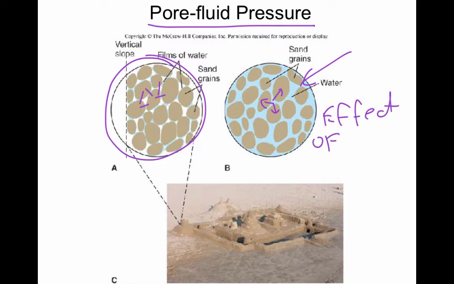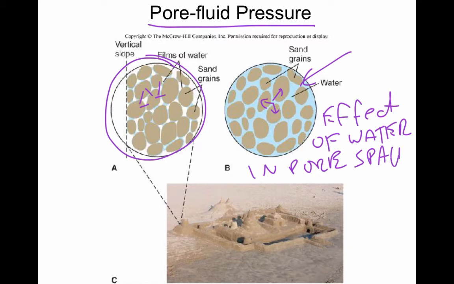So this pore fluid pressure is the effect of water in the pore space that literally weakens the sediment. So if you're at the beach, make a sandcastle. The sandcastle will stand up, and then take a glass of water and slowly pour it on one part of that sandcastle.